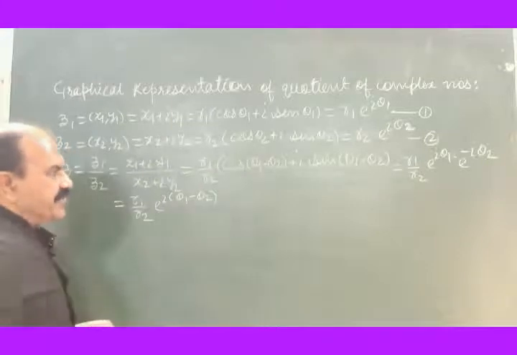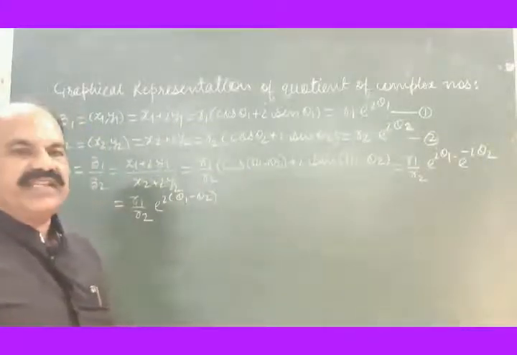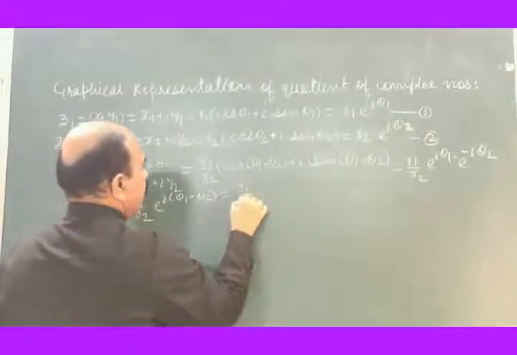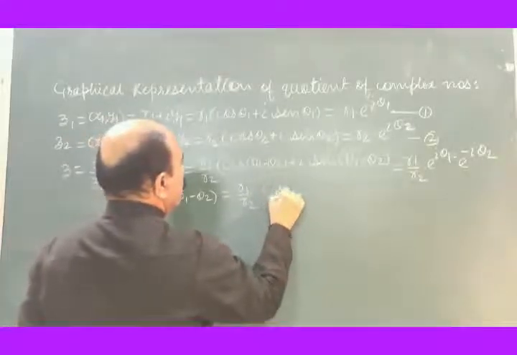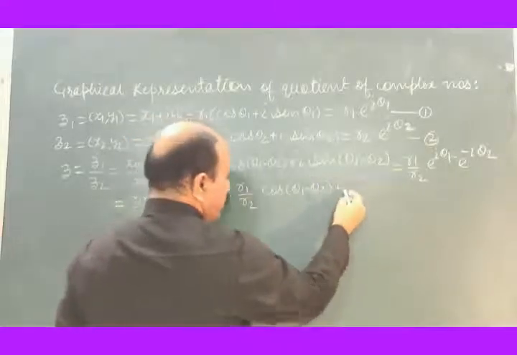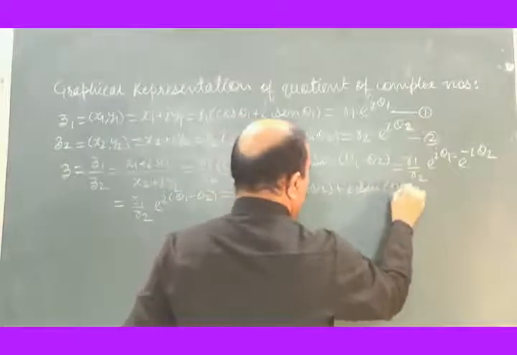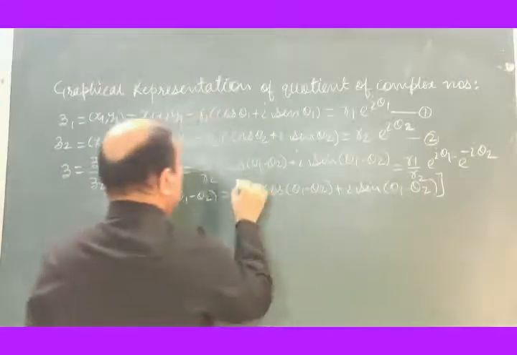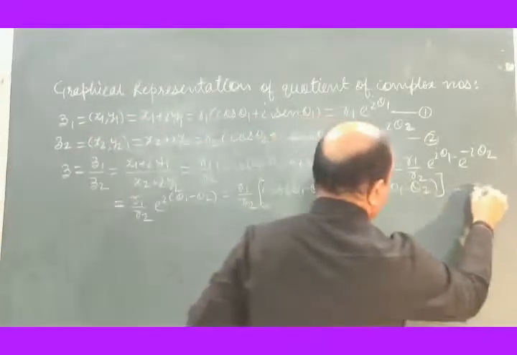That is nothing but cos (theta 1 minus theta 2) plus i sin (theta 1 minus theta 2). That is R1 divided by R2 into cos of (theta 1 minus theta 2) plus i sin of (theta 1 minus theta 2). Equation number 3.